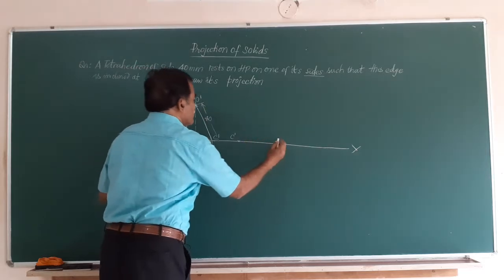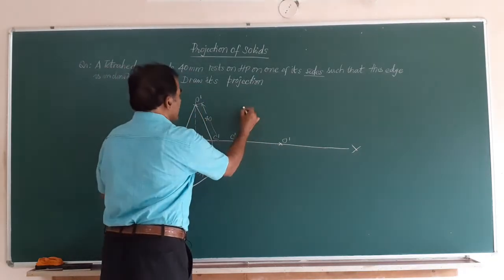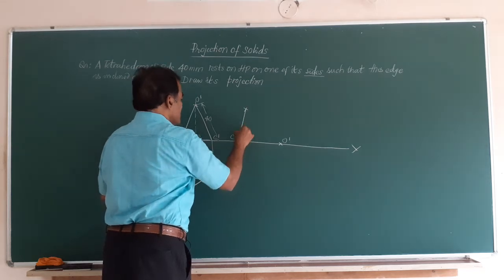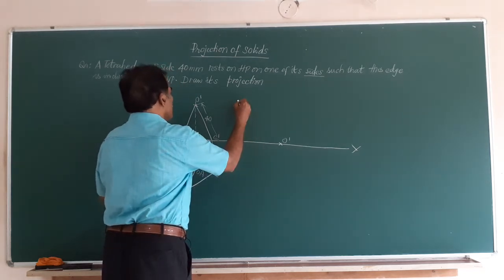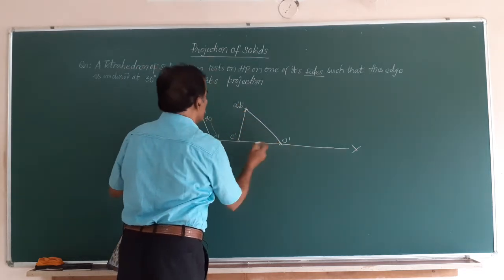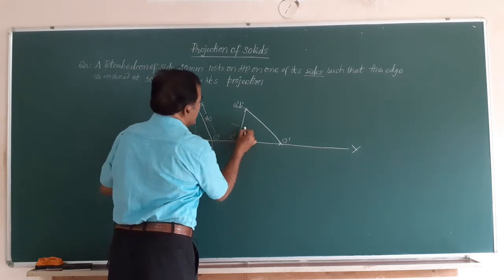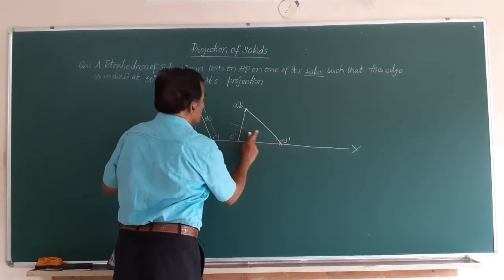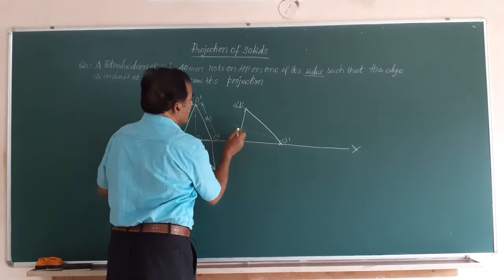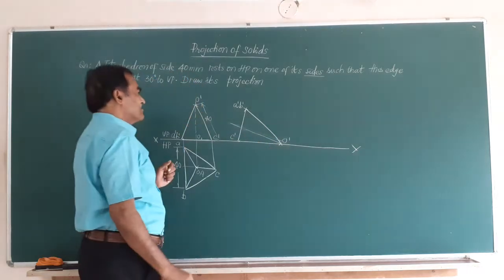This length I have just marked here, that is O dash. You know how to construct a triangle? You can obtain the other points, that is A dash, B dash, and this is O dash. Friends, this figure will represent the front view of this tetrahedron when it is resting on O dash C dash, one of the edges of the solid.